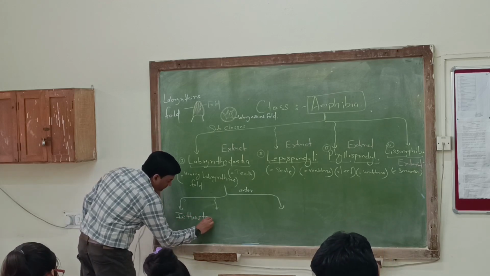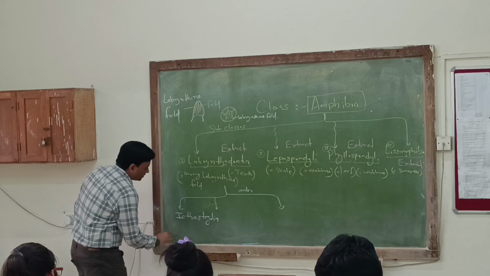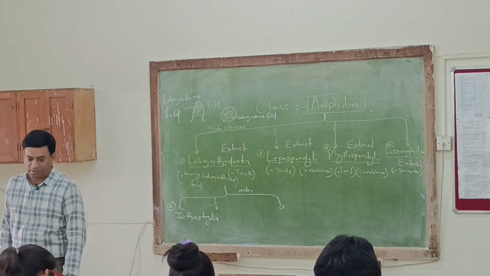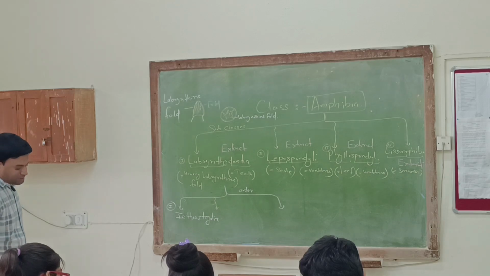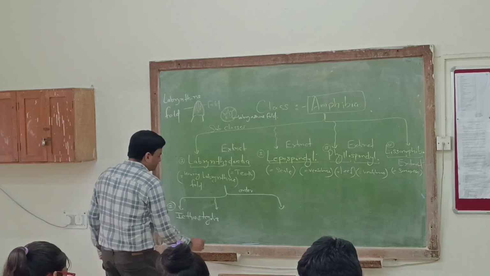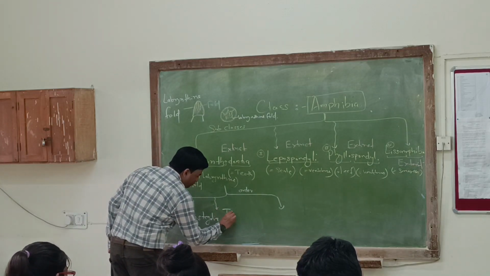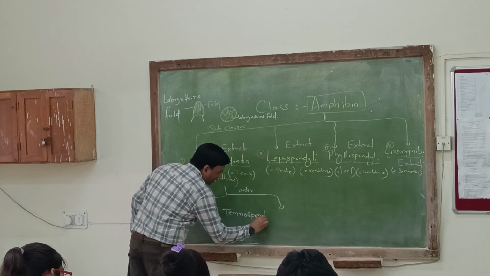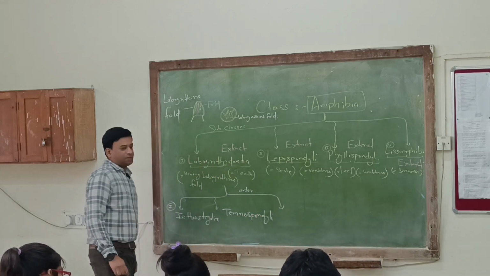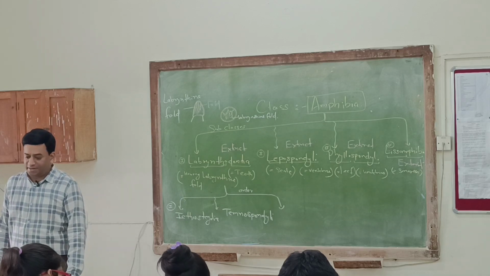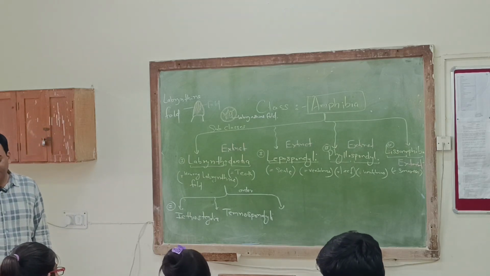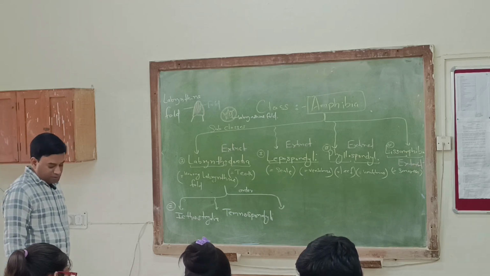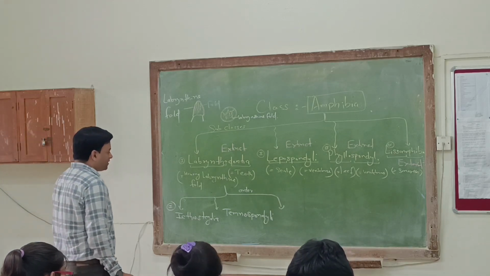The first order is called Ichthyostegalia. The second is Temnospondyli, again spondyli, and the third is called Anthracosauria.